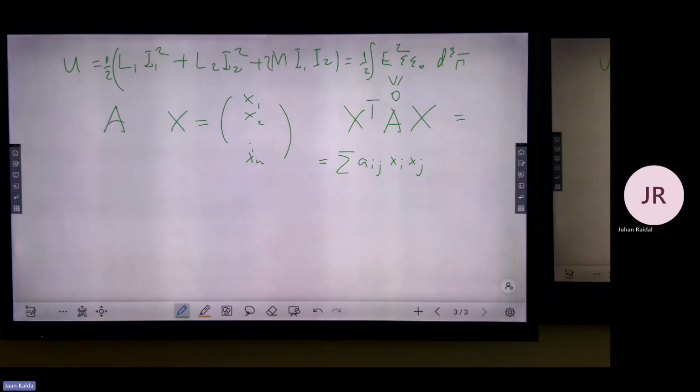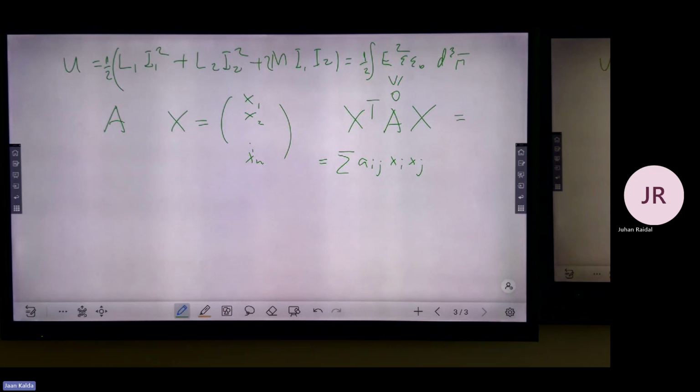Now the question is, how can you figure out for a given matrix A which kind of situation we have? Is it positive definite? Is it negative definite or indefinite? And what does positive definite mean? It means that whichever x vector you take, the result is always positive, and can never be 0 or negative, as long as you have a non-zero vector.